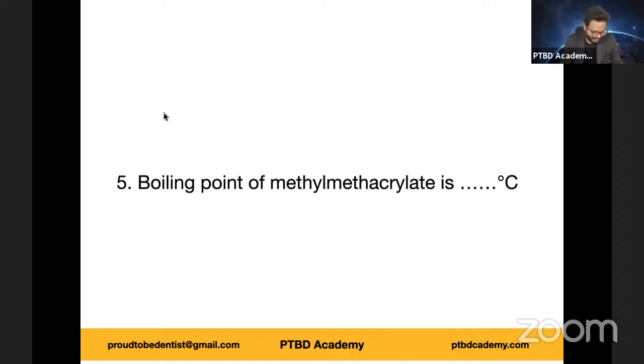Okay, so 5th question. In the meantime, I'll type the key in the comment section and release it only once you answer. And your answer has to be accurate to the decimal level. So no exceptions for this.